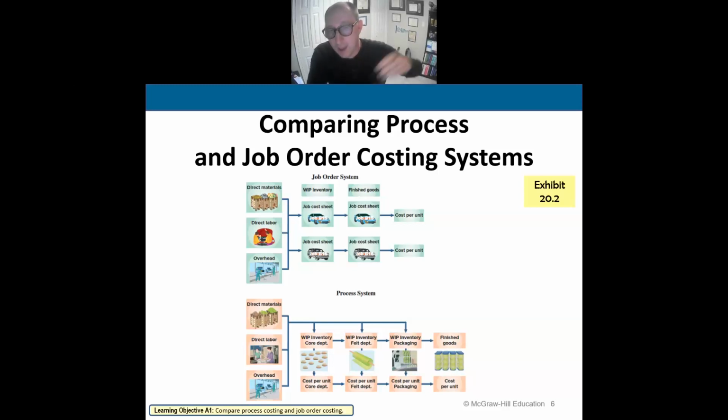In process costing, I'm adding direct material, direct labor, and factory overhead in each department as the product moves toward completion. So again, for example, I have my bottle of water. The first department is the molding department.